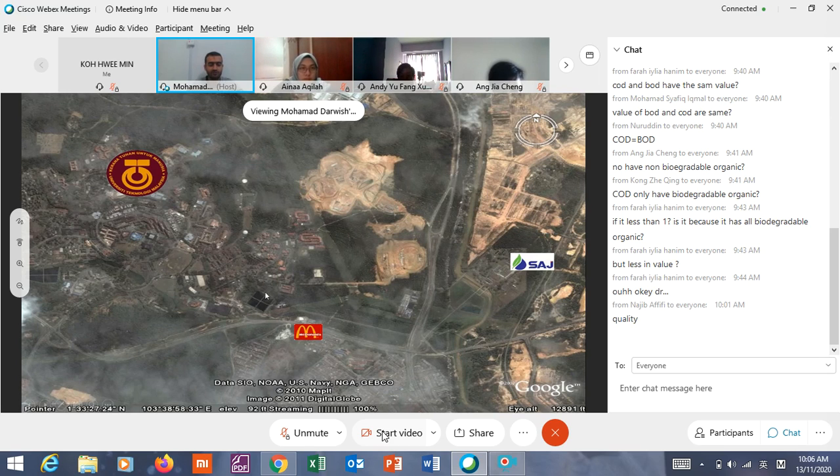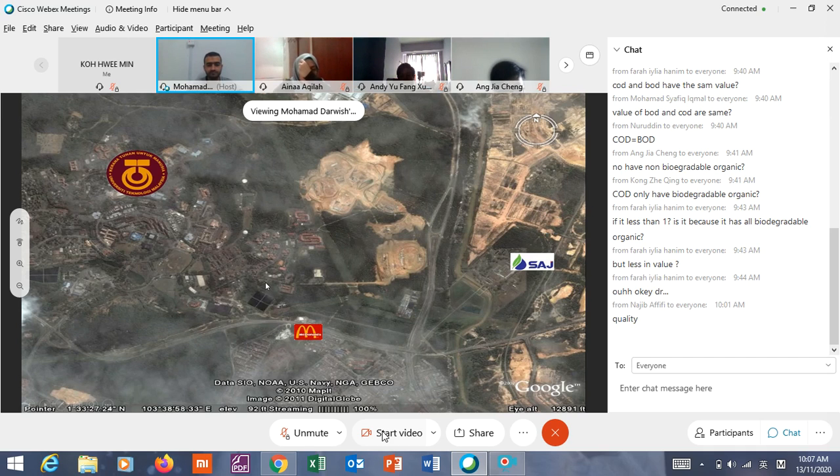Here we have a wastewater treatment plant. You can see the four black rectangles. Those are a small wastewater treatment plant inside UTM.